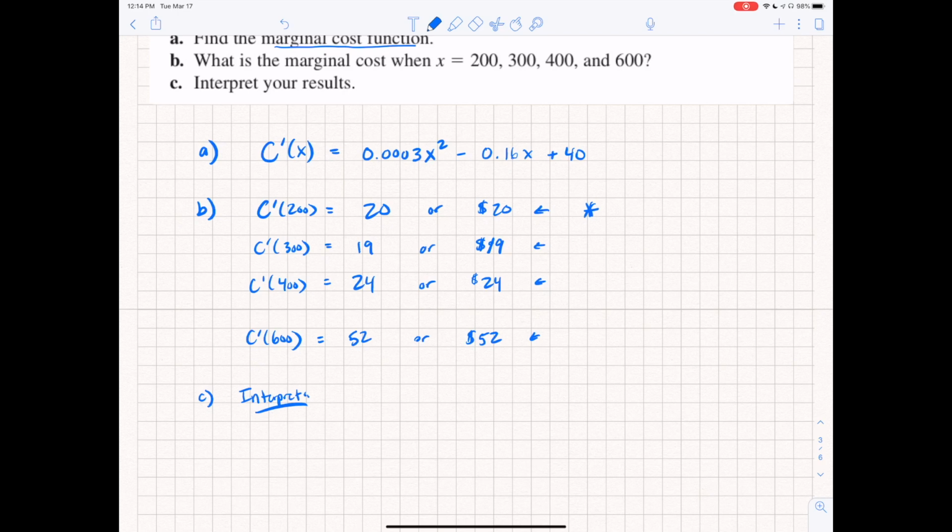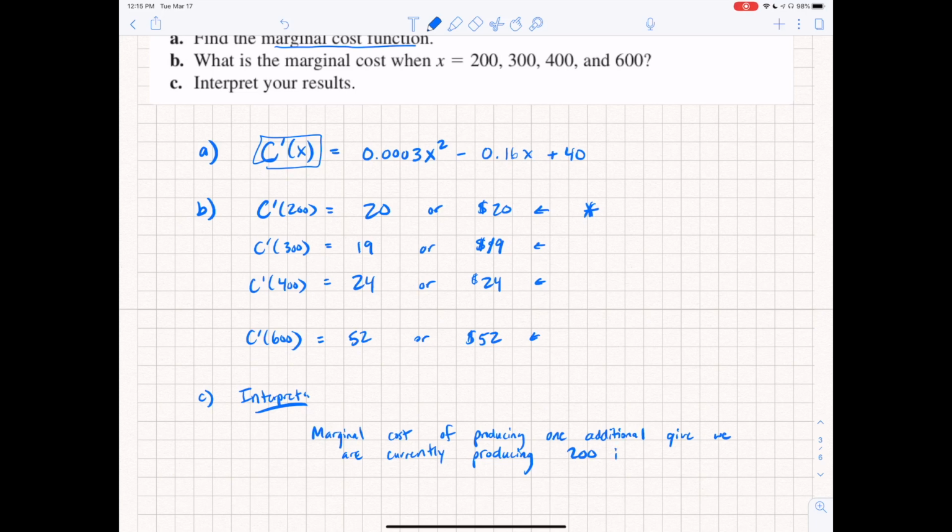Okay, so interpreting our results. Remember that what C prime is representing is the marginal cost of producing one additional item, given we are currently producing 200 items.